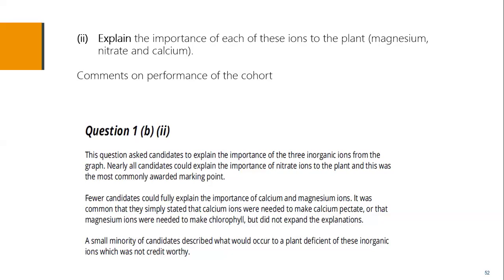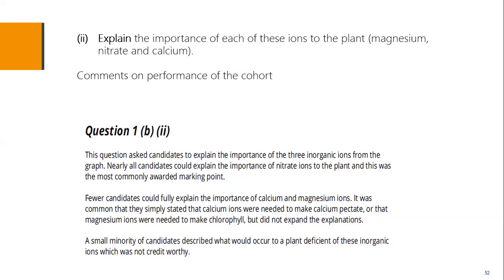Many stated what they need, that they made calcium pectate or made chlorophyll, but they didn't expand the explanations and say why that was important. And a small minority described what would occur to a plant deficient of these inorganic ions, which may be biologically correct, but is not answering the question.